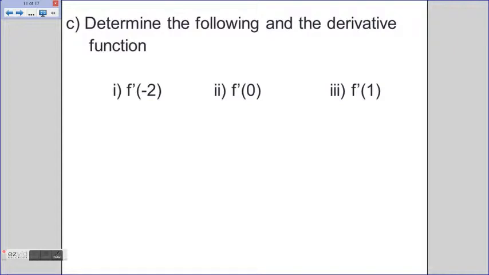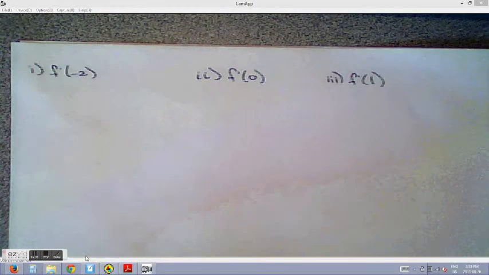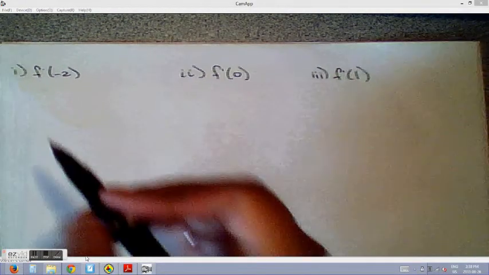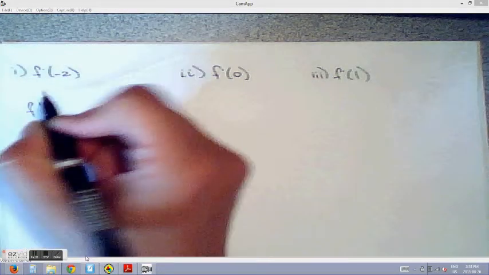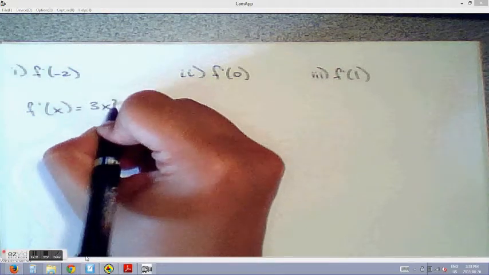Let's move on to part C. In part C, we want to determine the following using our derivative function. The first thing I'm going to do is write out our derivative, which is f'(x) equals 3x squared.